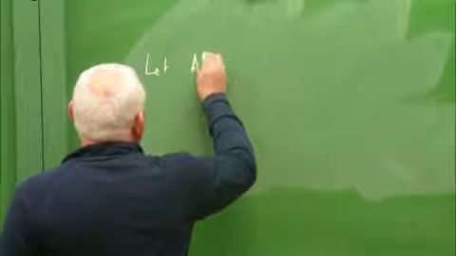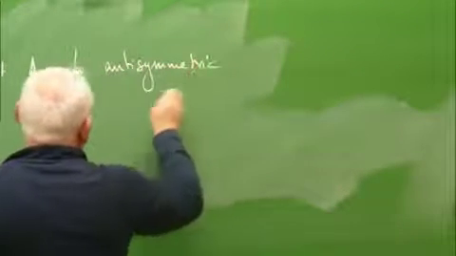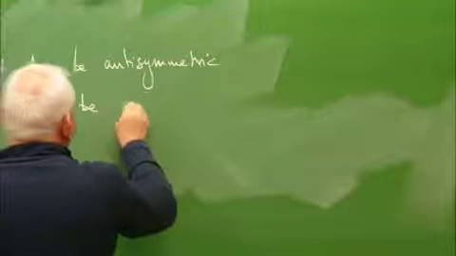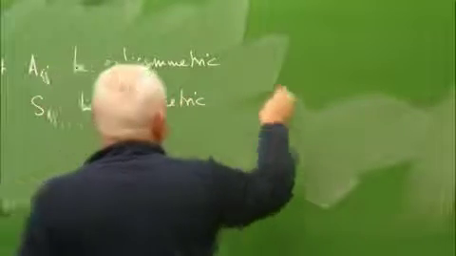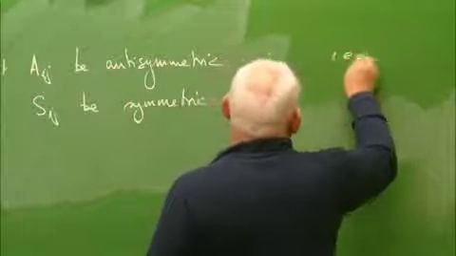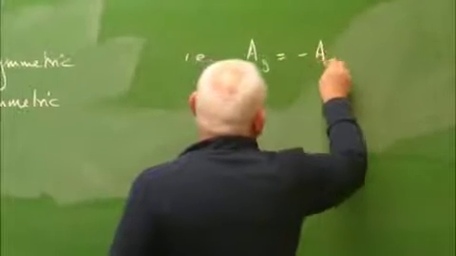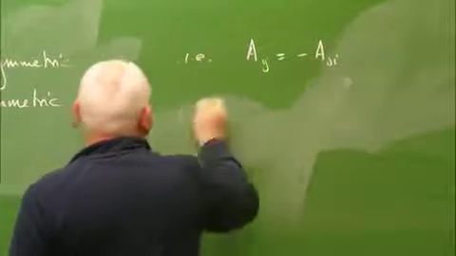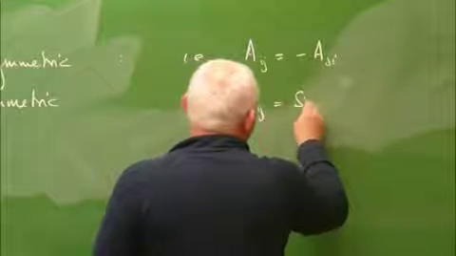Let Aij be antisymmetric, and Sij be symmetric. What do I mean by this? I mean that Aij is minus Aji, and symmetric means that Sij is equal to Sji.